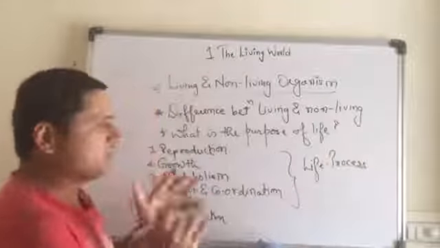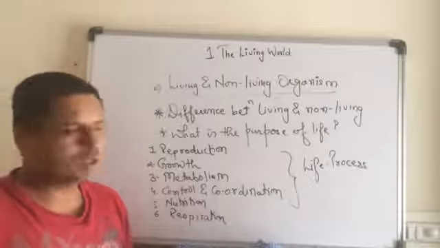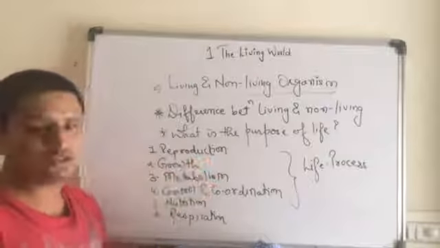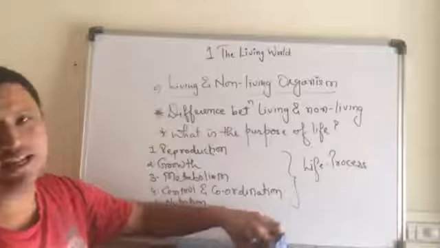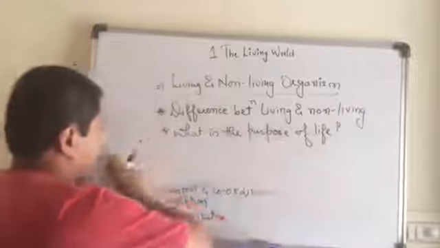Now, if we want to differentiate between the living and the non-living organism, children, the first parameter that I wish to take over here is the reproduction, children. Now, reproduction means what? We all have studied that in the 10th standard, children, but let us revise.